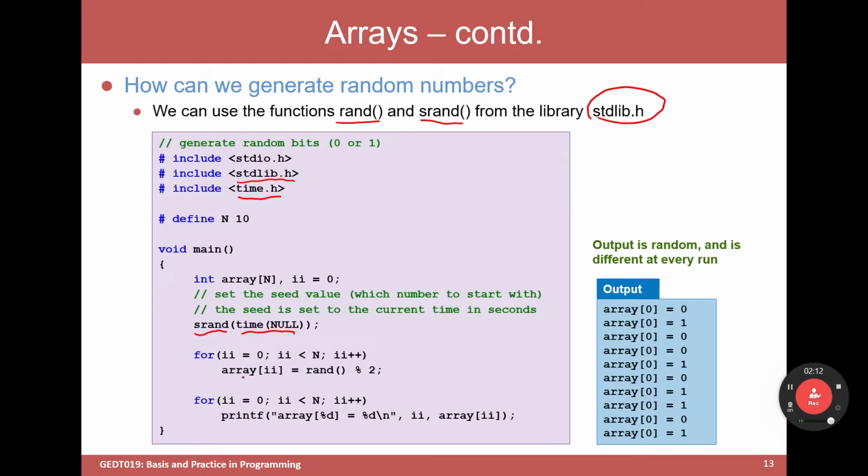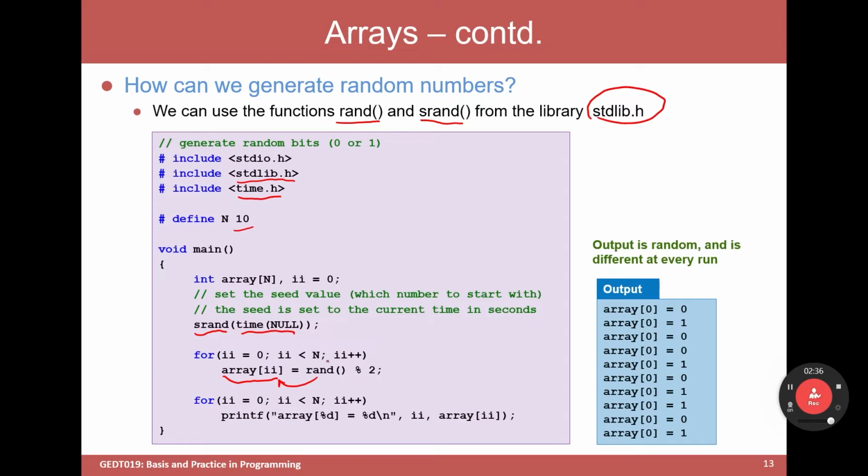And now I create an array, and this array contains 10 elements. For each element I will make a loop starting from 0 to 10, that means 0 to 9, 10 is not included. And then I give the element of the array the random value generated from the rand function, modulo 2.